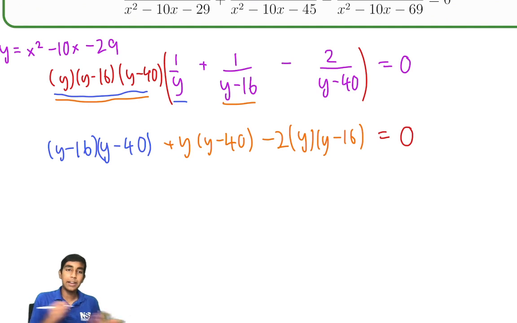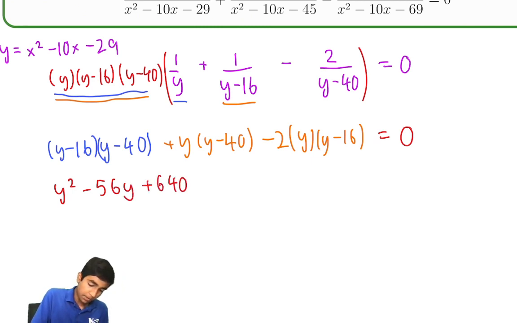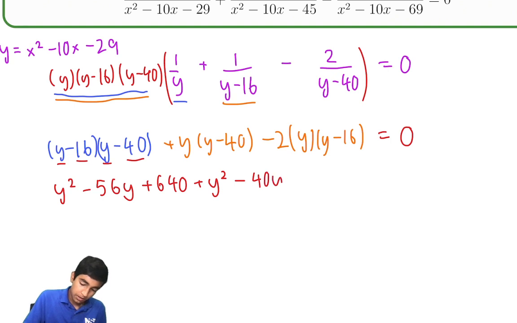Now, let's just expand it out and see what we have. y squared minus 56y plus 640, right? Because minus 16y minus 40y. Plus y squared minus 40y, minus 2 times (y squared minus 16y).